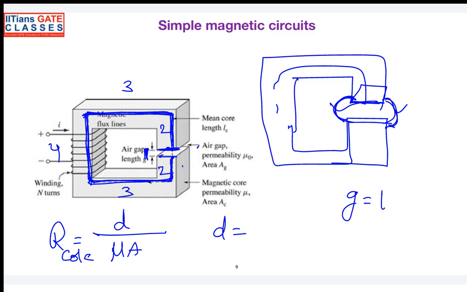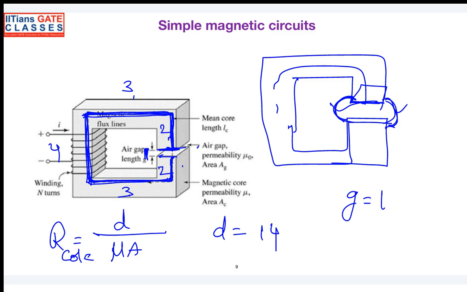In other than the air gap, the flux is passing through how much length? That will be 3 plus 2 plus 2 plus 3 plus 4. So 5, 7, 10 and 14. So this is your mean length in that case.